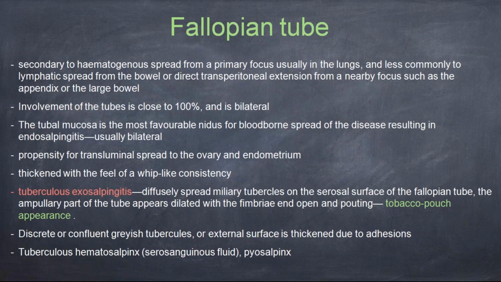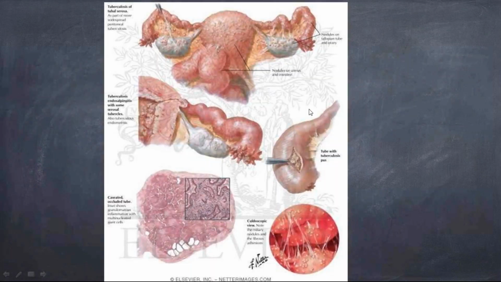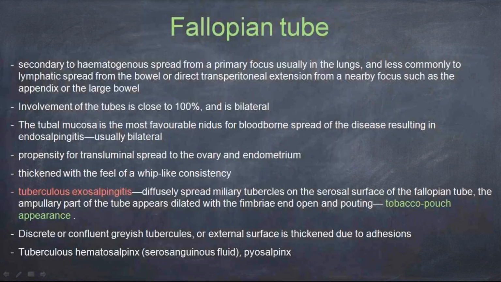That is the exosalpinx. Inside the tube, what happens? It appears as a tobacco pouch, the previous figure I have shown, right? Tobacco pouch. So the fimbrial end is blocked due to adhesions. The whole tube gets thickened due to inflammation, and then all the secretions get caseation and everything occurs inside the tube, and it will appear as a tobacco pouch.